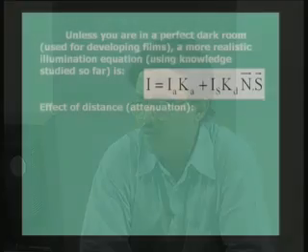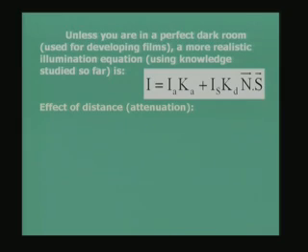Now, there is another effect, the effect of distance or attenuation, which I was talking about. When you watch a movie in a hall or theater, you can sit anywhere in the gallery and see the same illumination on the screen, as far as visibility is concerned; it is invariant with respect to your position.